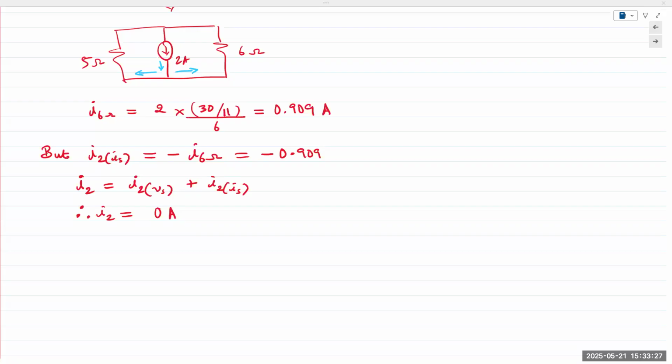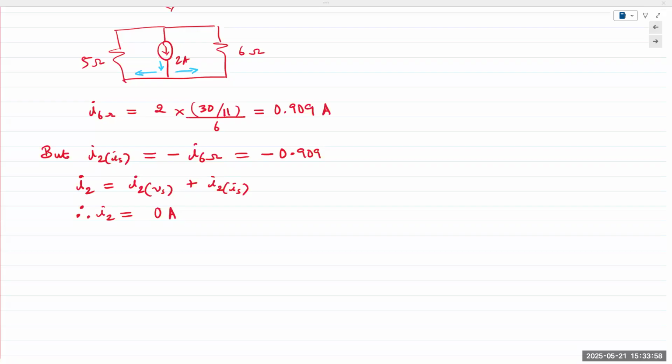The first current was due to the voltage source, it was coming down, so it was positive. Second one, due to the IS current source, was pointing up. It's in the opposite direction. So the resulting current is 0. Circuit is at a balance. In reality, there is no current flowing through that resistor or the resistors on the right.